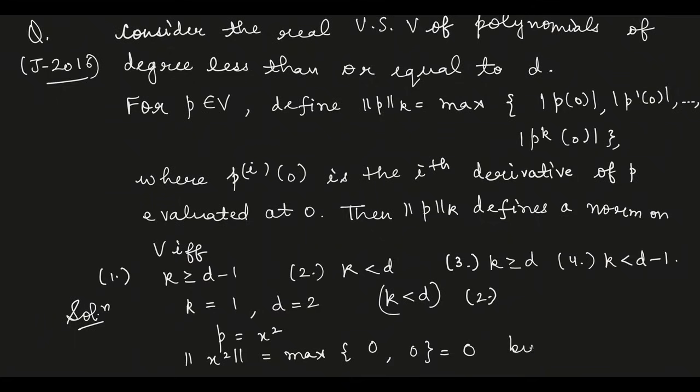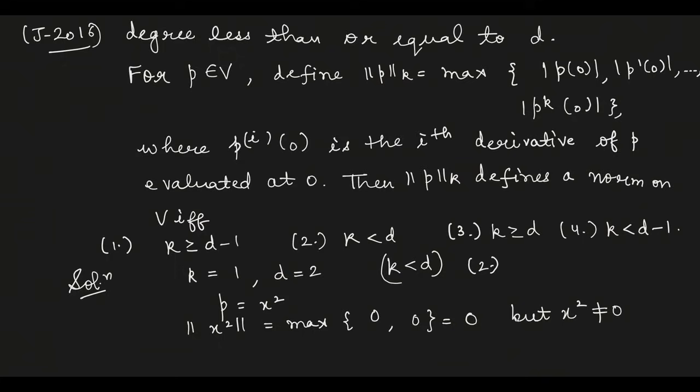But you can clearly see that x square is non-zero ना, so it will not satisfy. So by this option 2 is discarded.